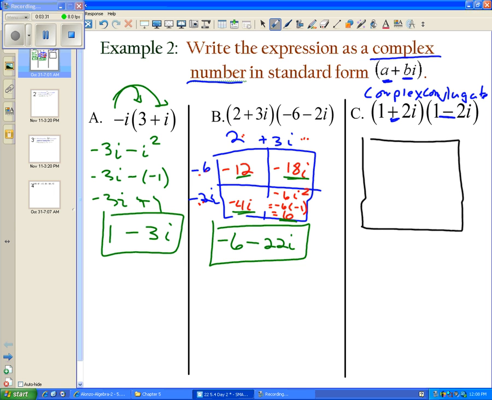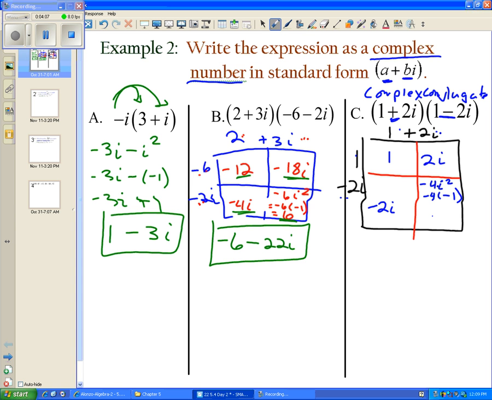So if I use the box method, this is 1 plus 2i. This is 1 minus 2i. I draw my box. 1 times 1 is 1. 1 times 2i is 2i. 1 times negative 2i is negative 2i. 2i times negative 2i is negative 4i squared. i squared is negative 1, so this is negative 4 times negative 1.